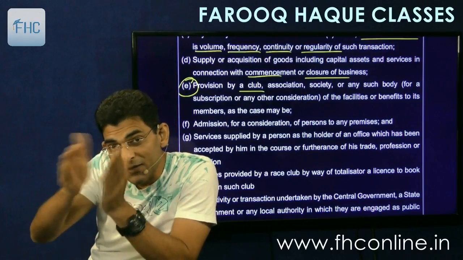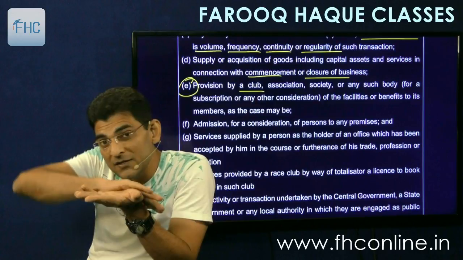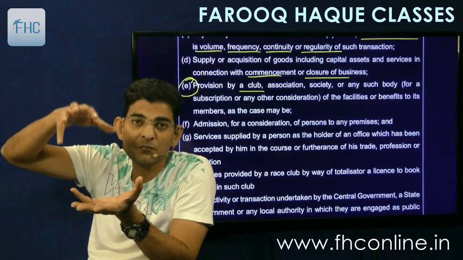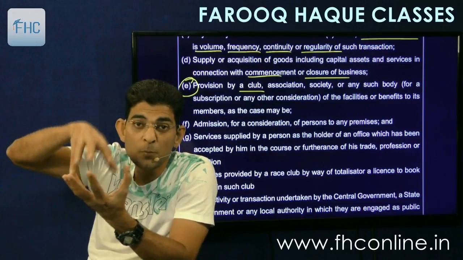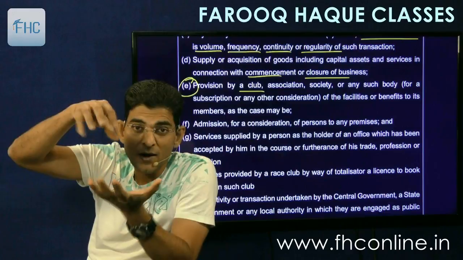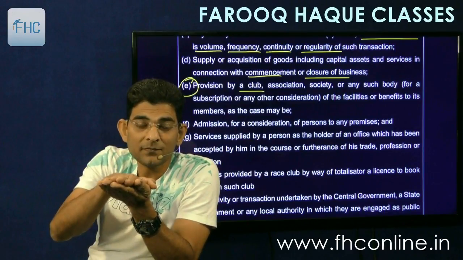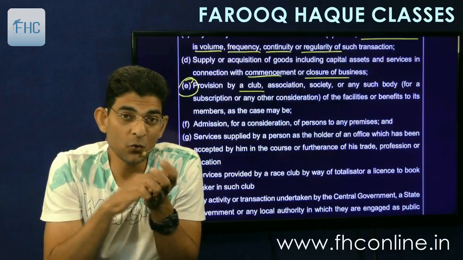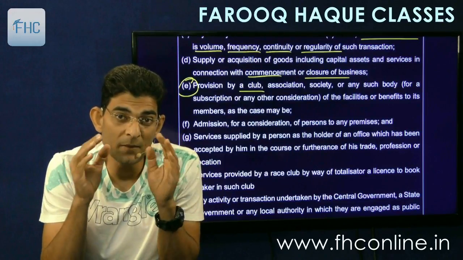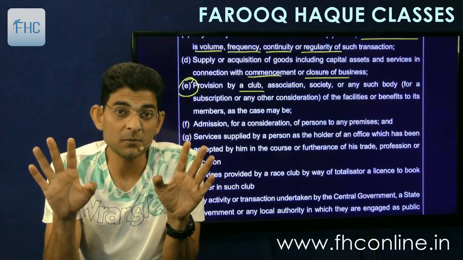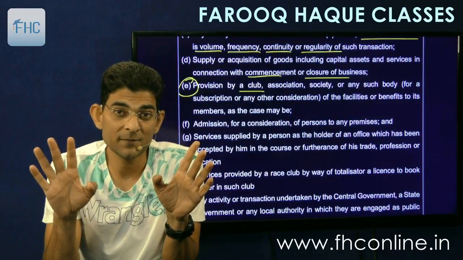So this transaction which is taking place is out of the purview of income tax, because in income tax the principle of mutuality applies, which says that no person can make income by dealing with oneself. So the group and the members are considered the same. They are one. They are not different people, and therefore even if some profit is earned by the association from its members, it will not be taxable in income tax.